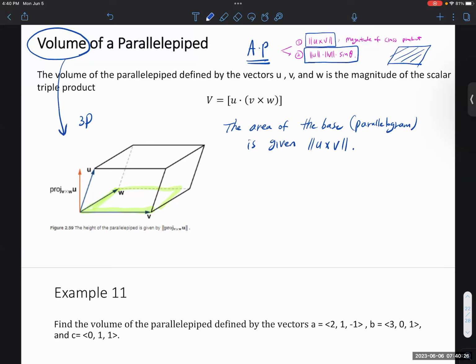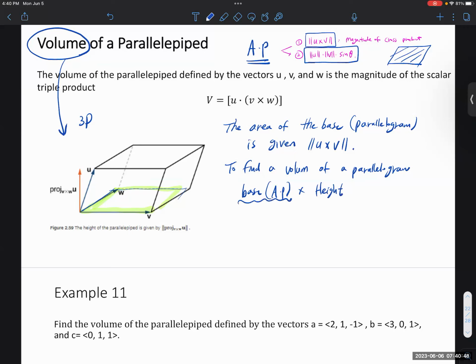And then to find out the volume, once you have a base, you need a height, right? To find the volume of a parallelogram, we know the base, which is the area of the parallelogram, times the height. We need this information.